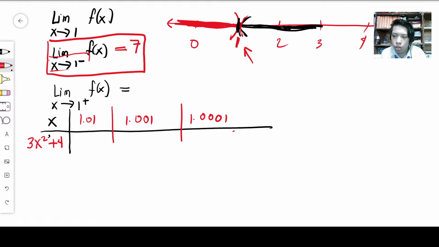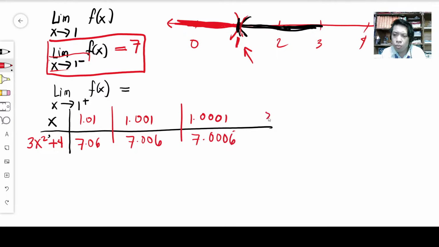Now, when we solve this, 3x squared plus 4, when x is equal to 1.01, the value is 7.06. When x is equal to 1.001, this is 7.006, and this is 7.0006.